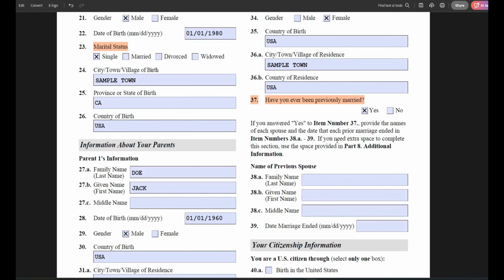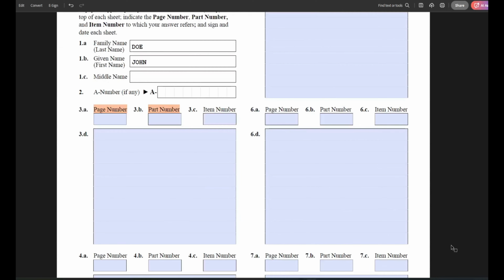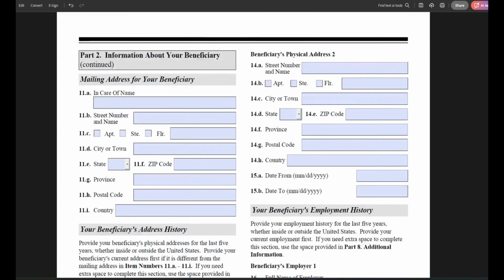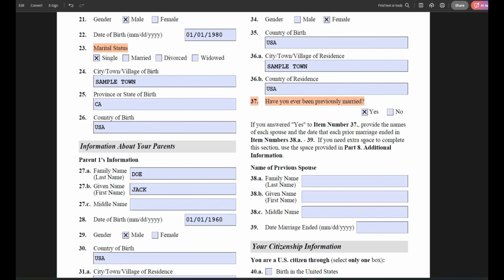And if you had multiple prior marriages, you will then have to reference this item number on, once again, the last page, the additional information page. Even if your marriage was annulled, it still counts as marriage in the eyes of USCIS. So you will also have to provide that documentation and answer yes to this question. So let's say that we've never been married before.